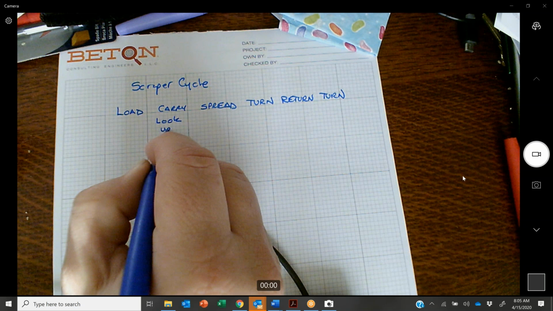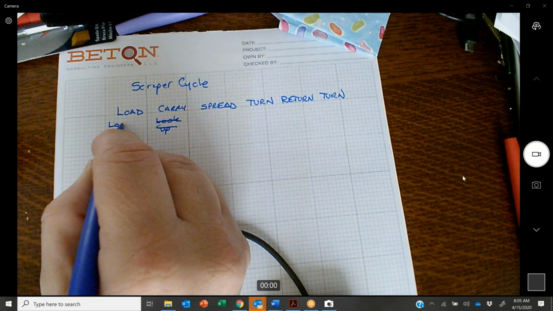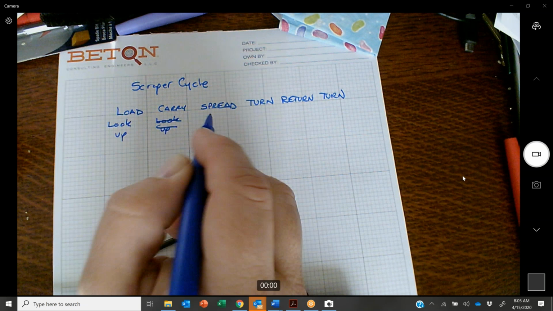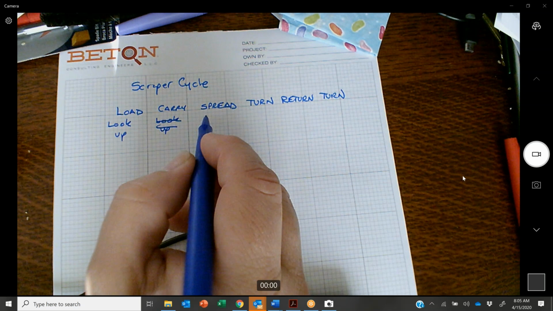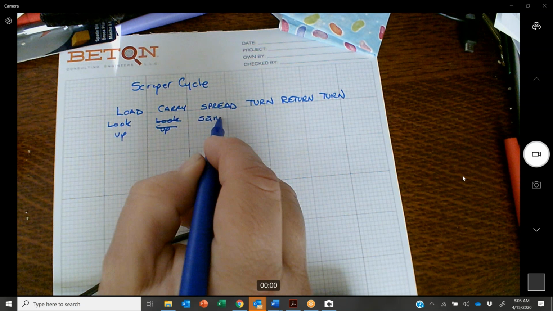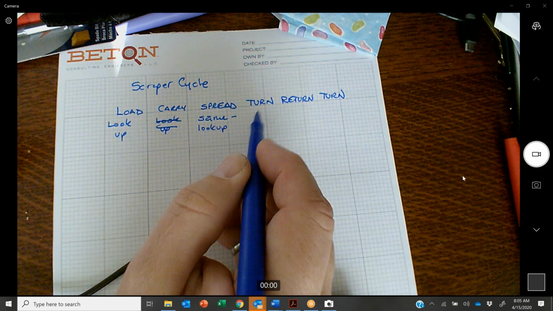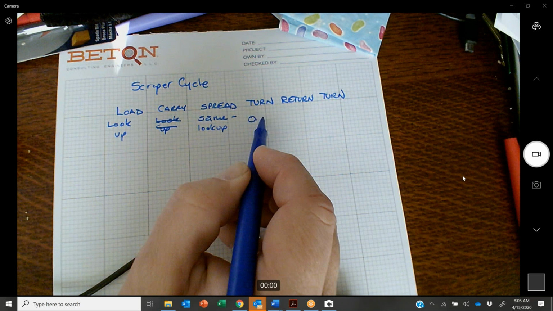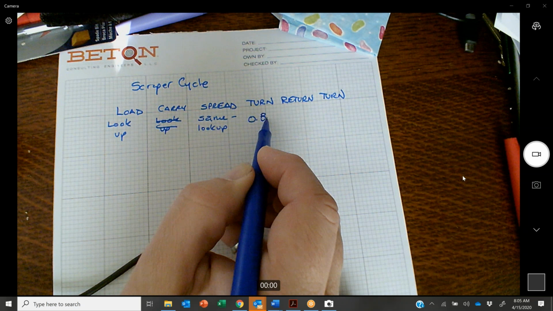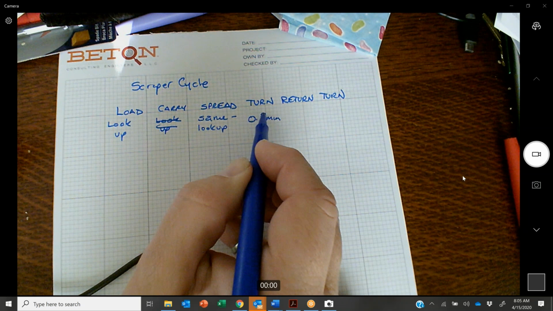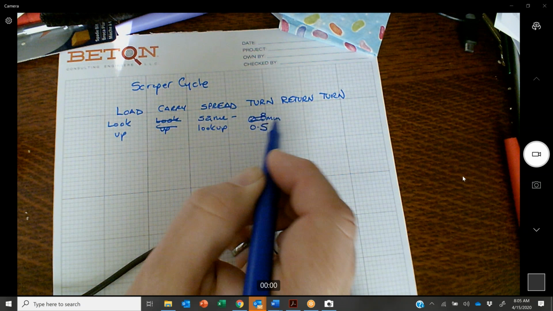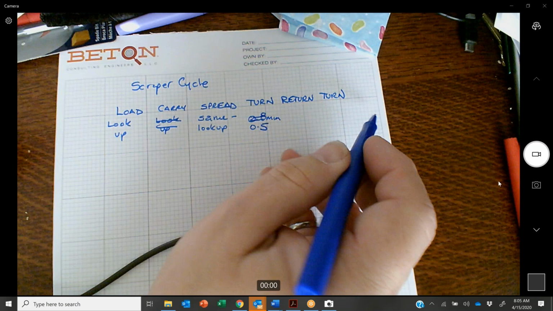Our load time we could look up. Our spread time is also the same. We can look that up. Turning, we were going to use 0.5 minutes, and our return and another turn at 0.5.